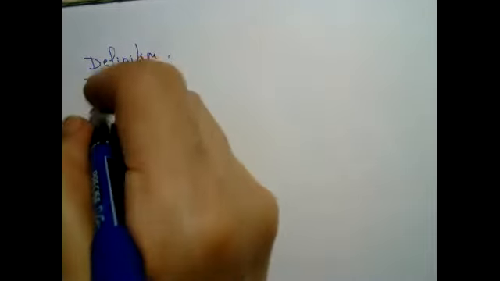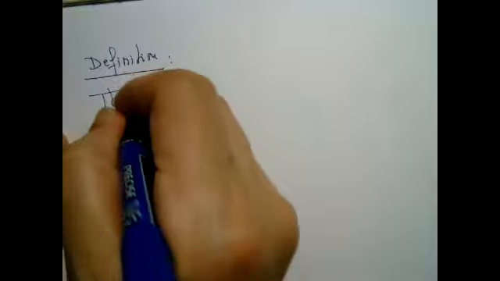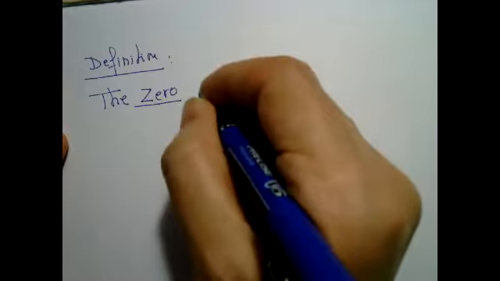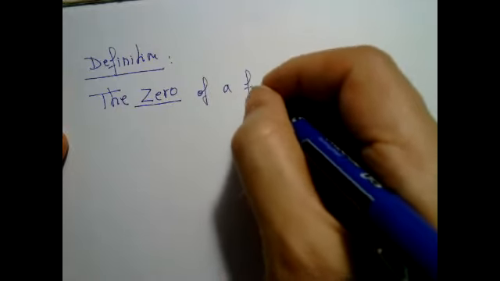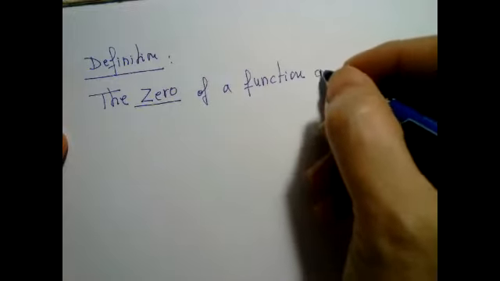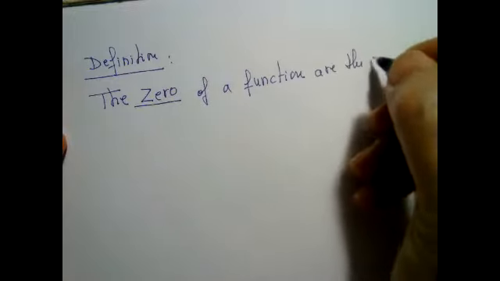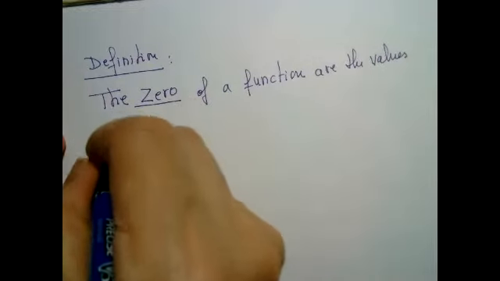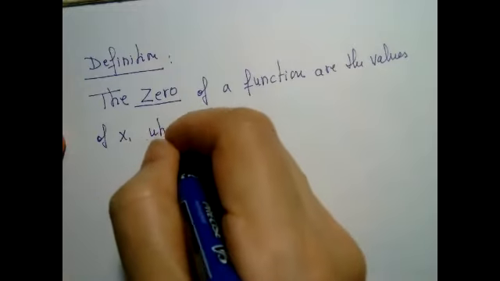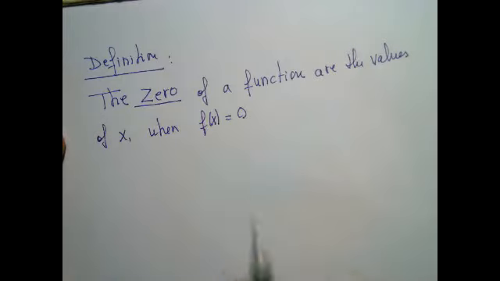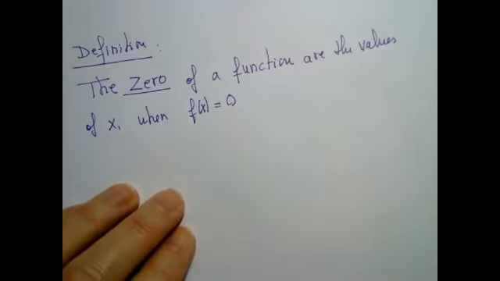Definition: the zeros of a function are the values of x when f of x equals 0. So they are the x values when f of x equals 0.